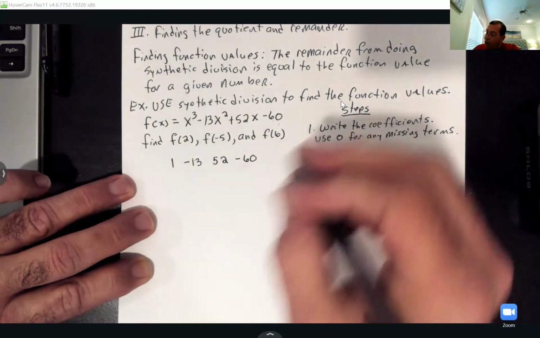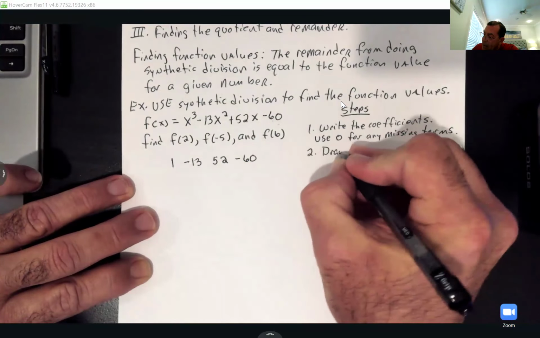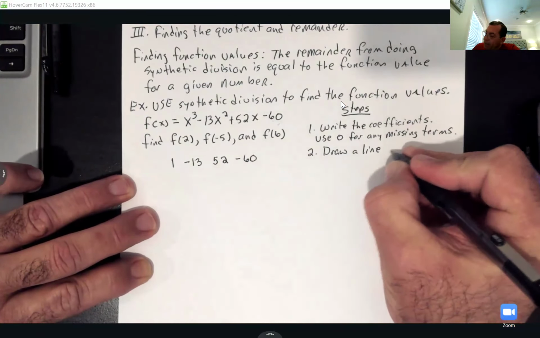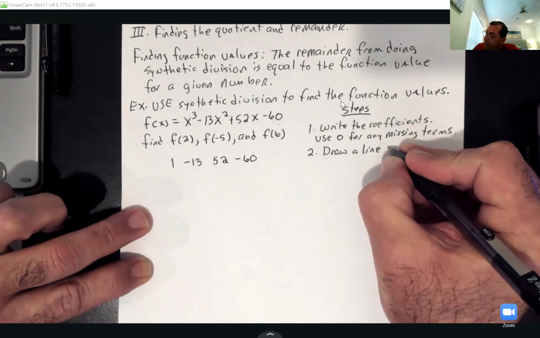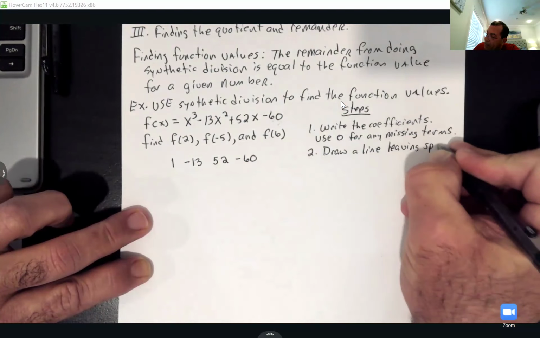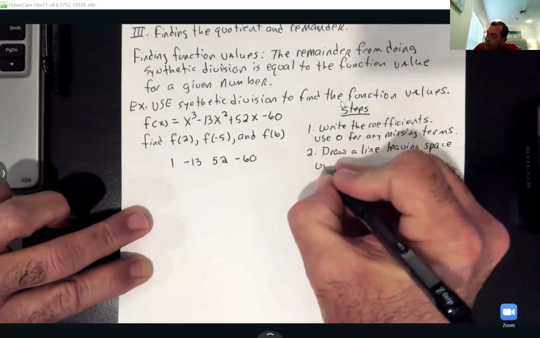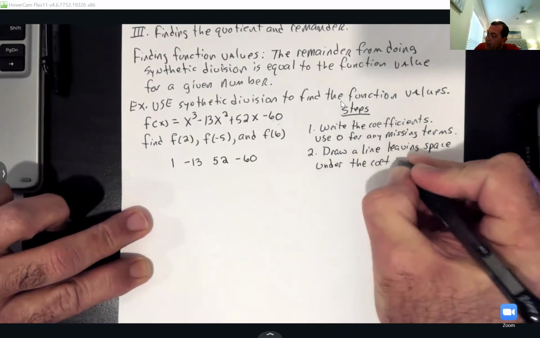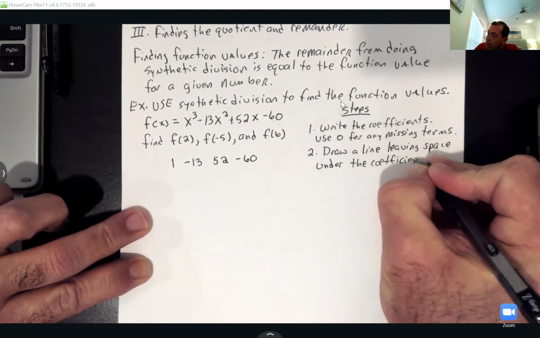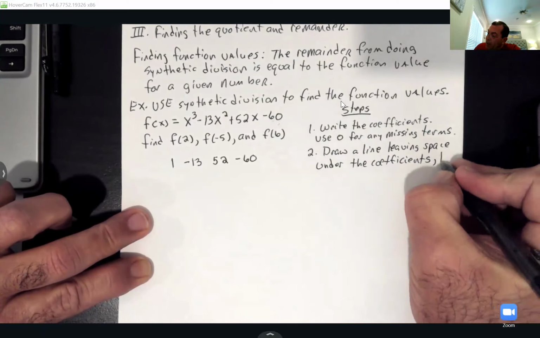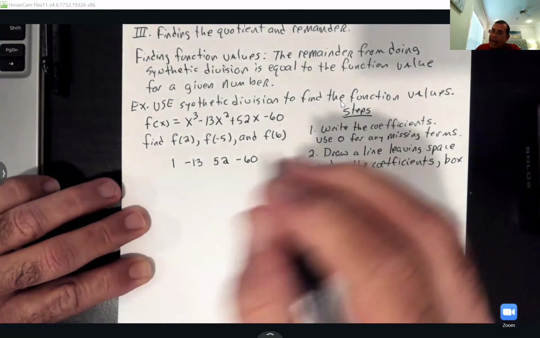Next, I'm going to draw a line, leaving space under the coefficients. And then I'm going to box under the last number.